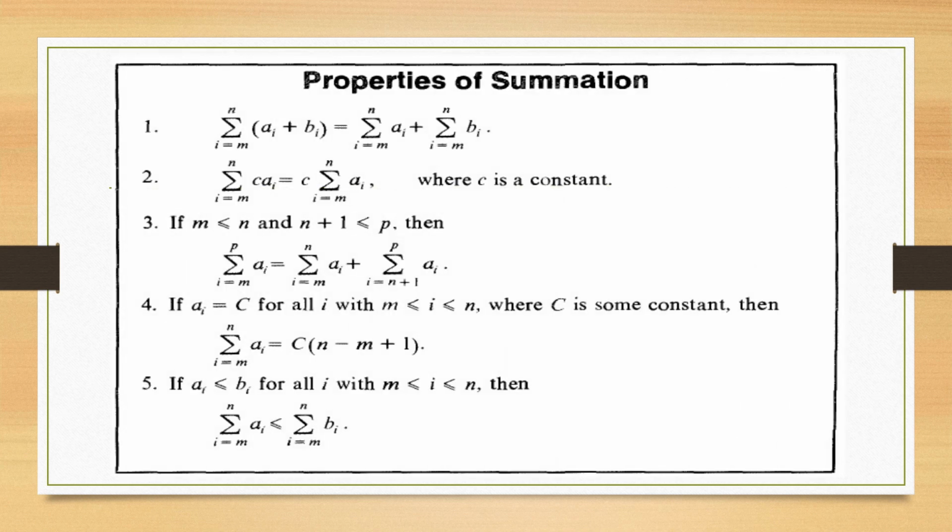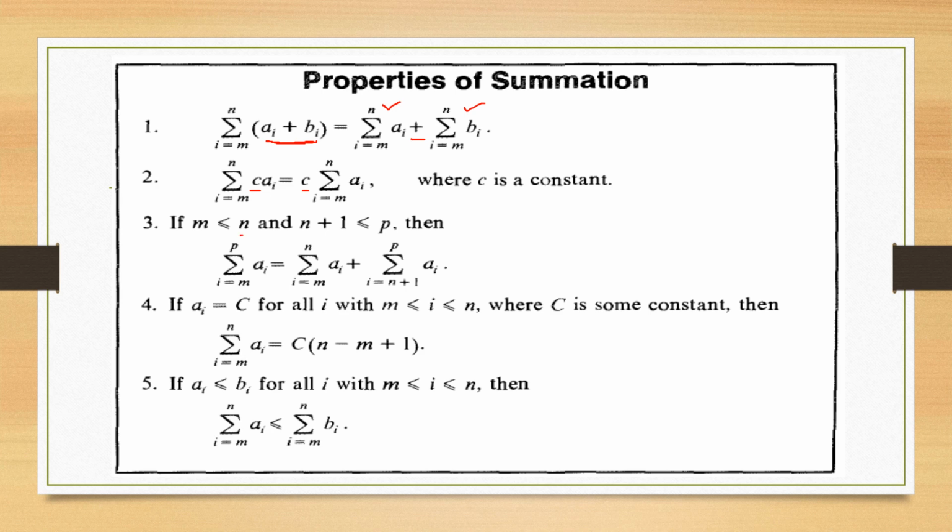These are the properties of summation. If we want to find the sum of ai plus bi, where i varies from m to n, we can separate the summation of ai and bi, and then by adding these two sums we get the same result. Similarly, if c is constant, we can put this c outside of the summation, as described in 2.